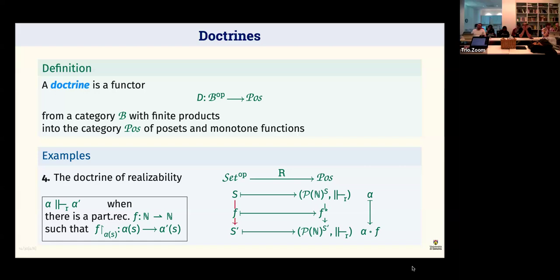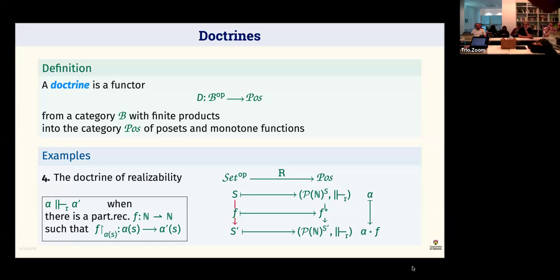It looks like an example like the previous one, because here I'm taking the power of a poset raised to the exponent S, but I've not used the poset structure here, it's just the set.